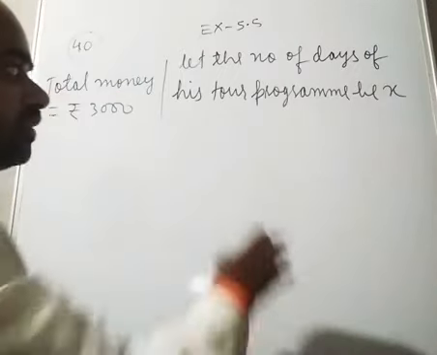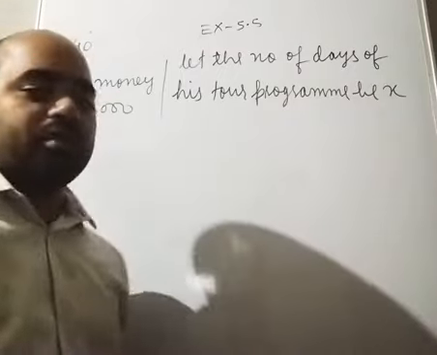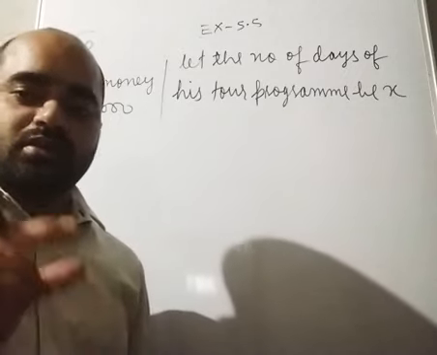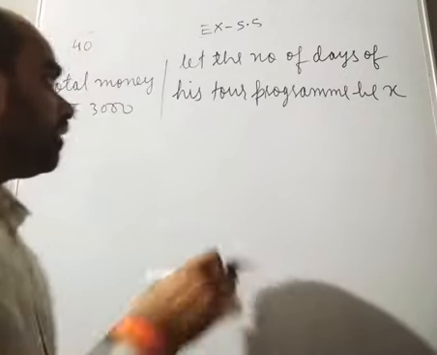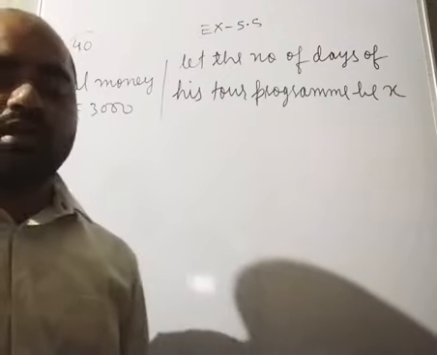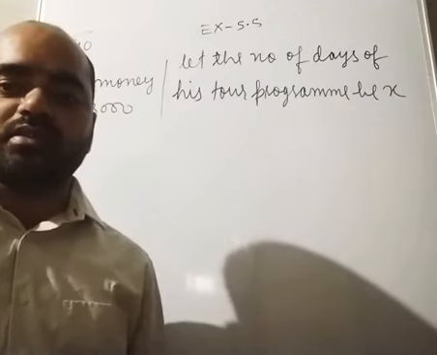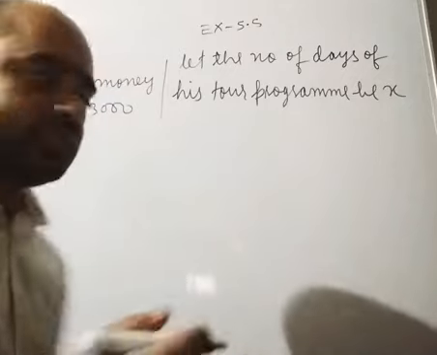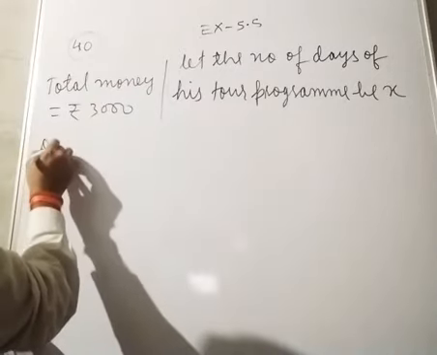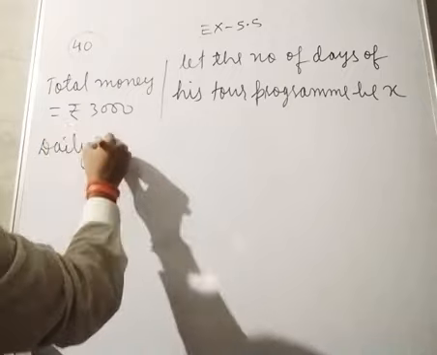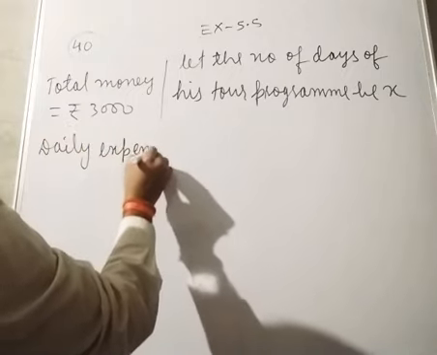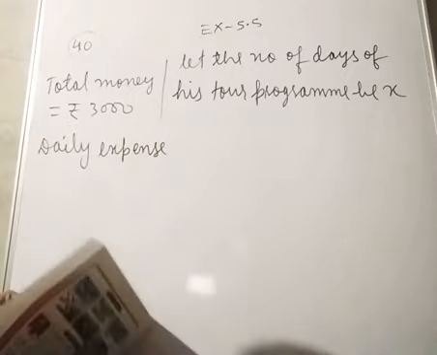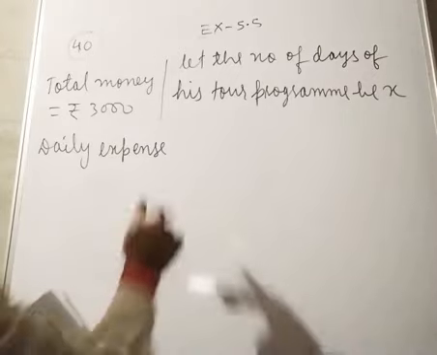Suppose the number of days of his tour program be x, and total money is 3000. Can you tell me what his daily expenses are? Daily expenses means total money divided by total number of days.